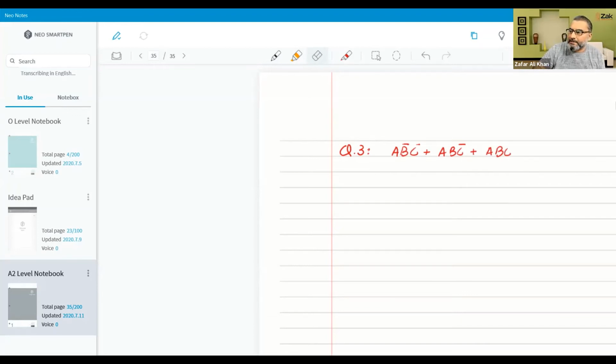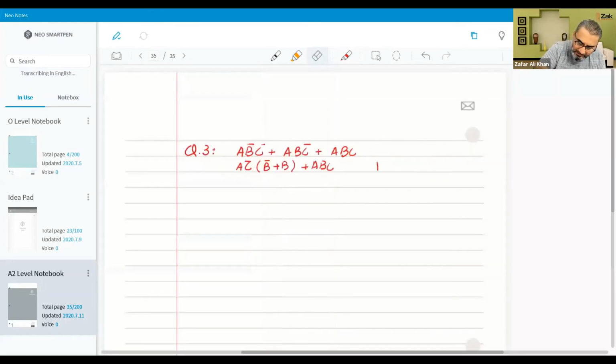So by applying distributive law, this would be AC naught into B naught plus B, and then we have got plus A, B, and C. So which law we have applied? Distributive.